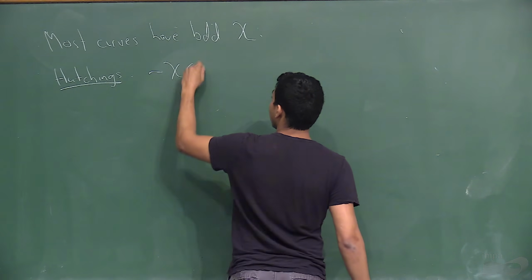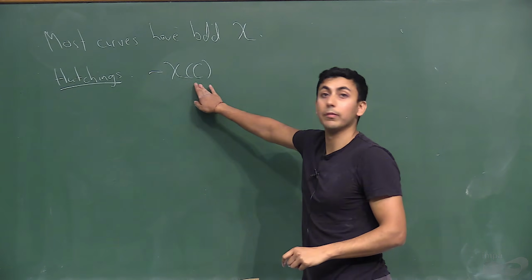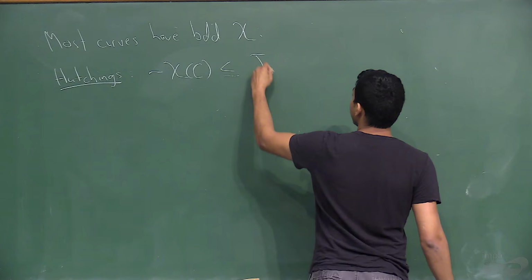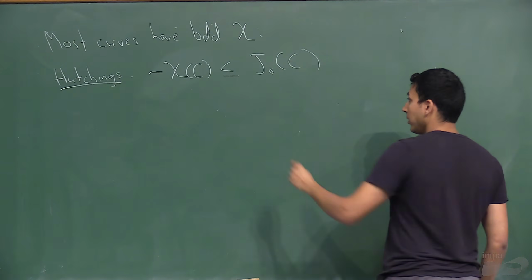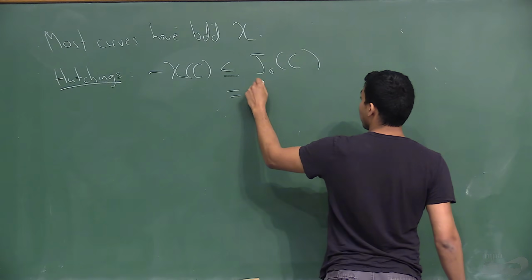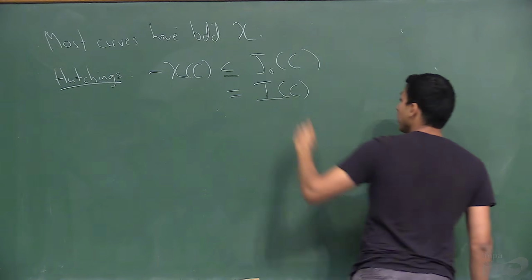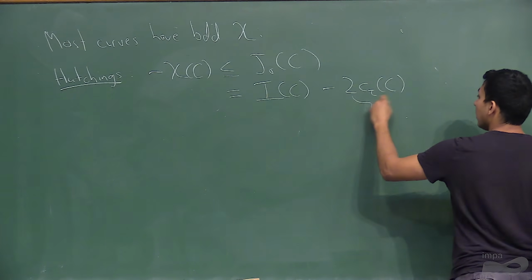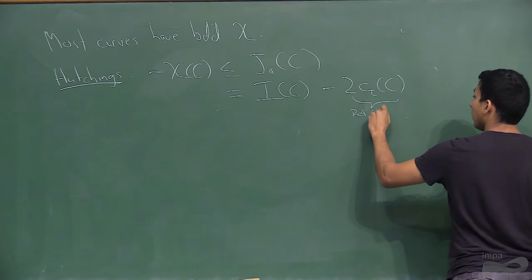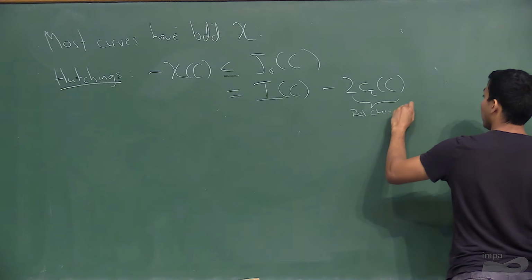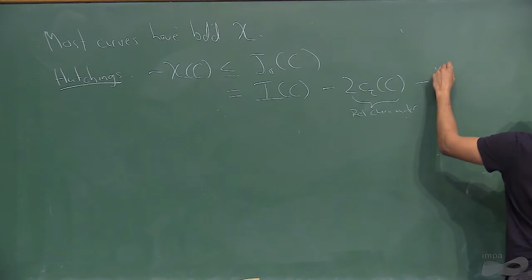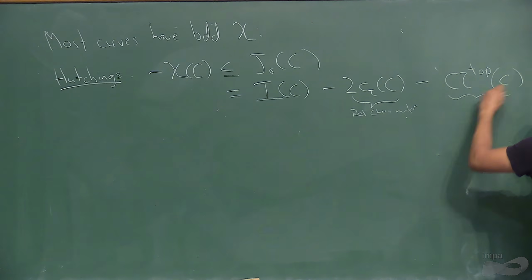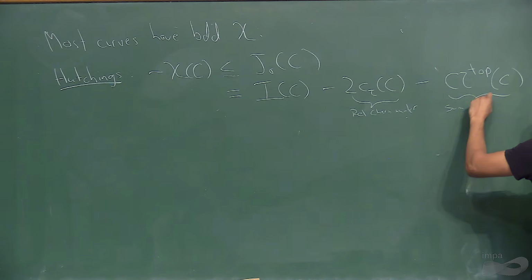He shows that if C is some holomorphic curve in a symplectization, then minus its Euler characteristic is bounded by what's called the J0 index. And this is equal to the sum of the following three terms. It's the ECH index minus 2 c tau of C, the relative Chern number, and then minus what I'm going to write as CZ top of C. So this is just some sum of Conley-Zander terms.